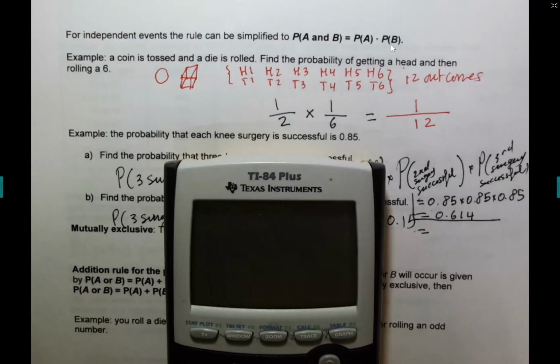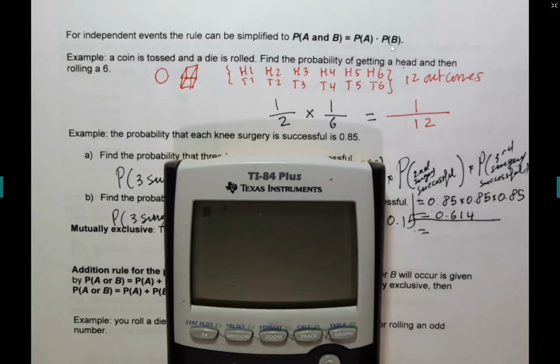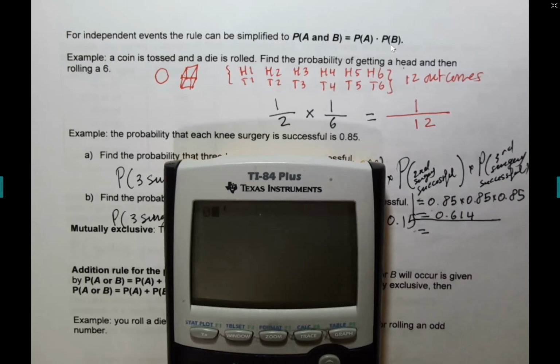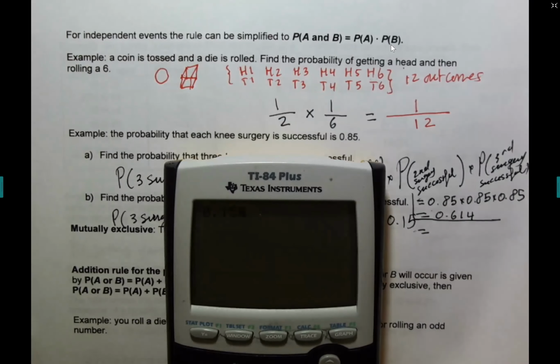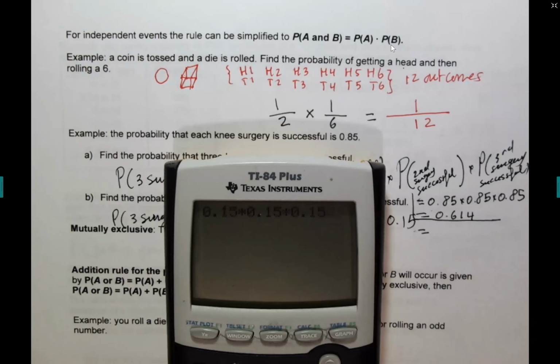I mean, imagine that a surgeon is performing 3 surgeries and tells his patient that the chance of success is 85%, and then all of them are not successful. That should not happen. And let me show you the answer. What is it going to be? 0.15 times 0.15 times 0.15. Okay, here's the answer.